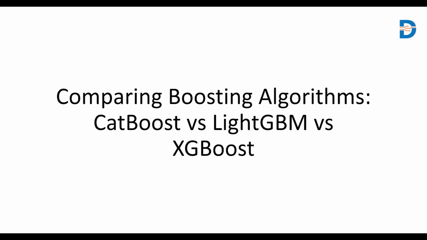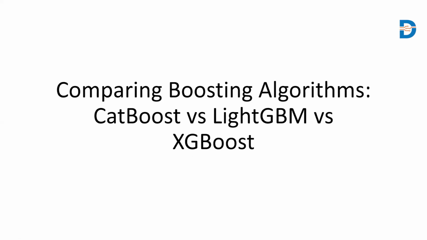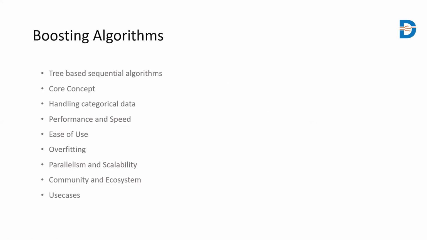Everyone, good morning. Today, let us talk about comparing boosting algorithms, different varieties of boosting algorithms: CatBoost, LightGBM, as well as XGBoost. Boosting algorithms are tree-based, sequentially layered models, sequentially layered weak decision trees put together to deliver a strong and robust model that usually isn't prone to overfitting.